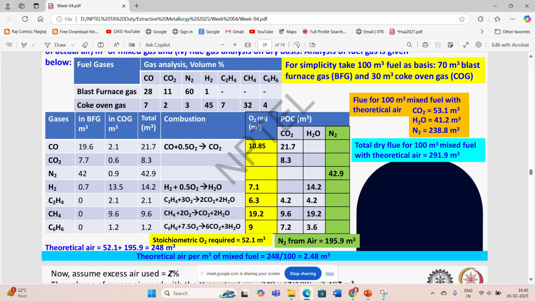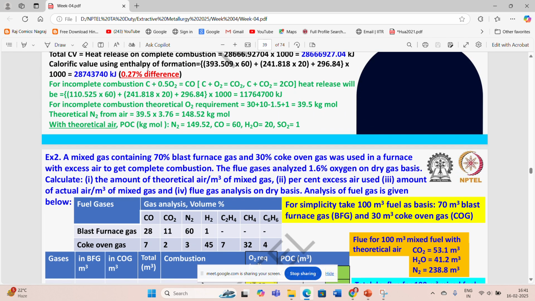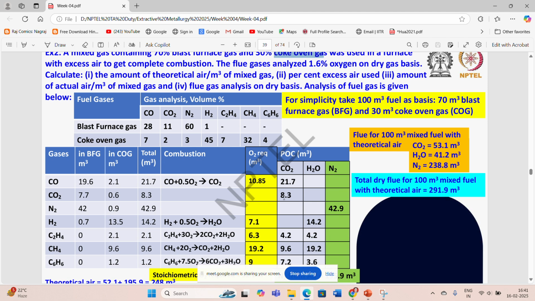So according to this composition, first we have to calculate the theoretical amount of oxygen required for the complete combustion of these elements. Okay, and then on the basis of this composition, 70% blast furnace gas and 30% coke oven gas, we can easily calculate the theoretical oxygen requirement for the complete combustion of this fuel source.